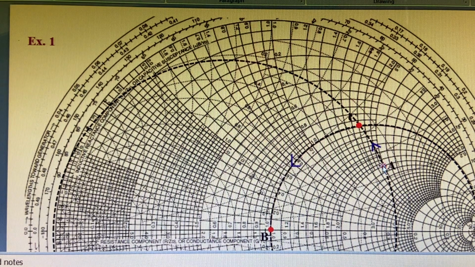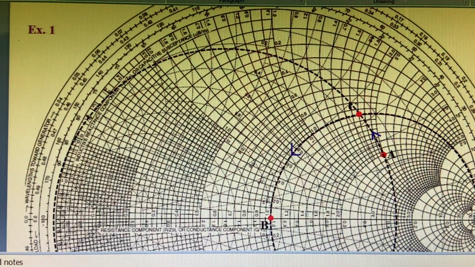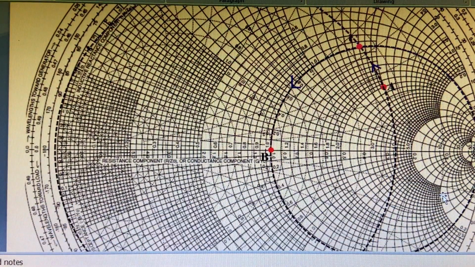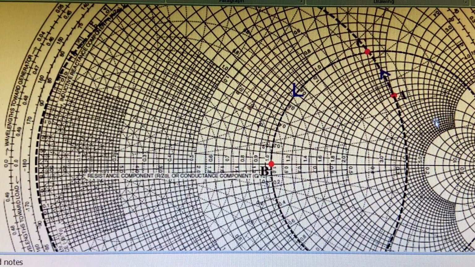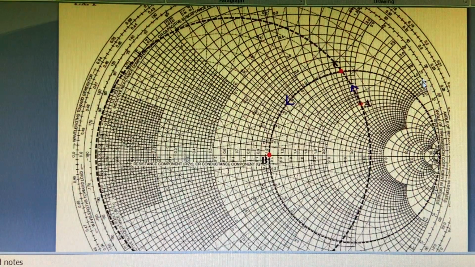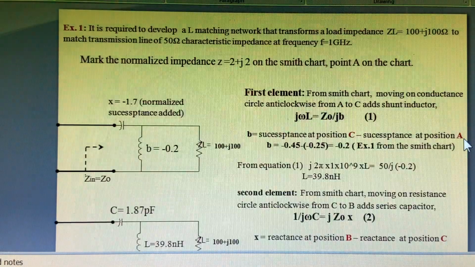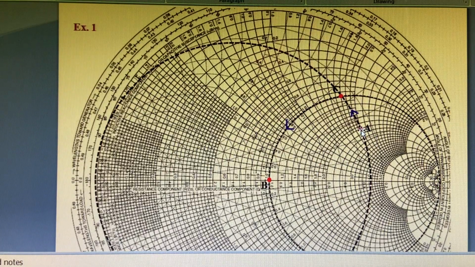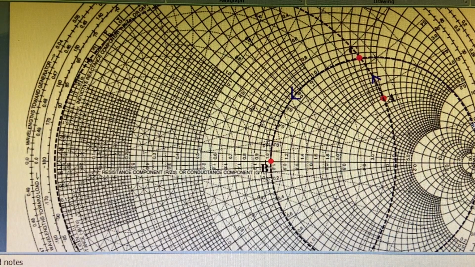Similarly, we have to find the susceptance at this position A. To read the susceptance at position A, you have to see here, this is a circle.